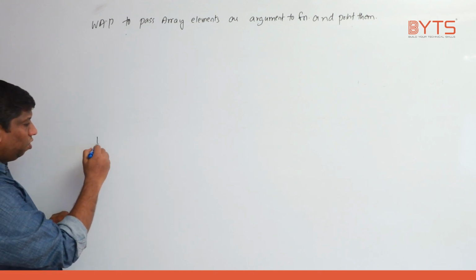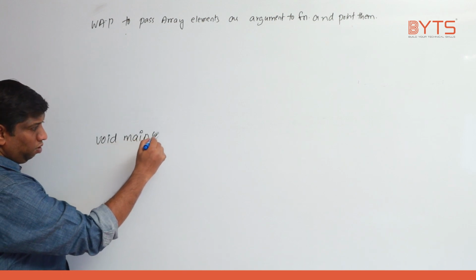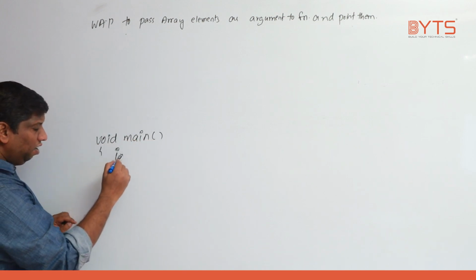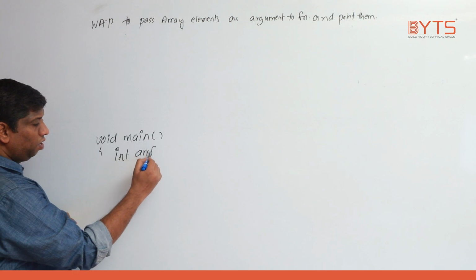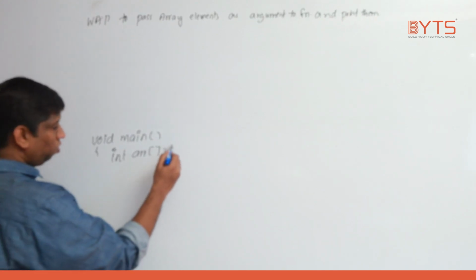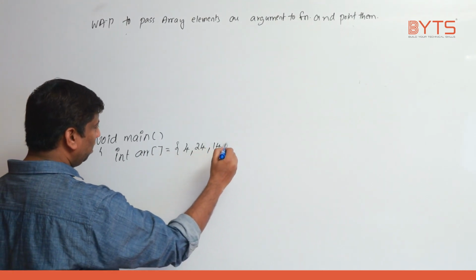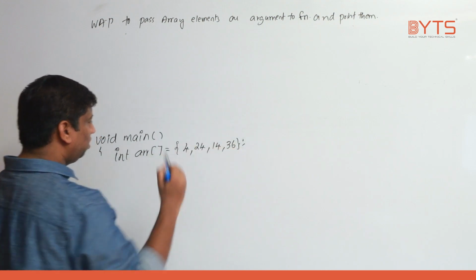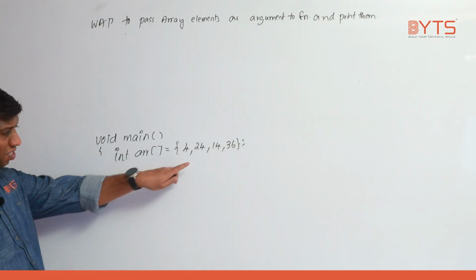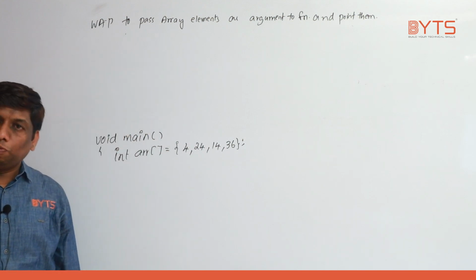Here I am having an array: void main, int arr equal to 4, 24, 14, 36. This is an array. Now you need to pass these elements to a function and print the data.